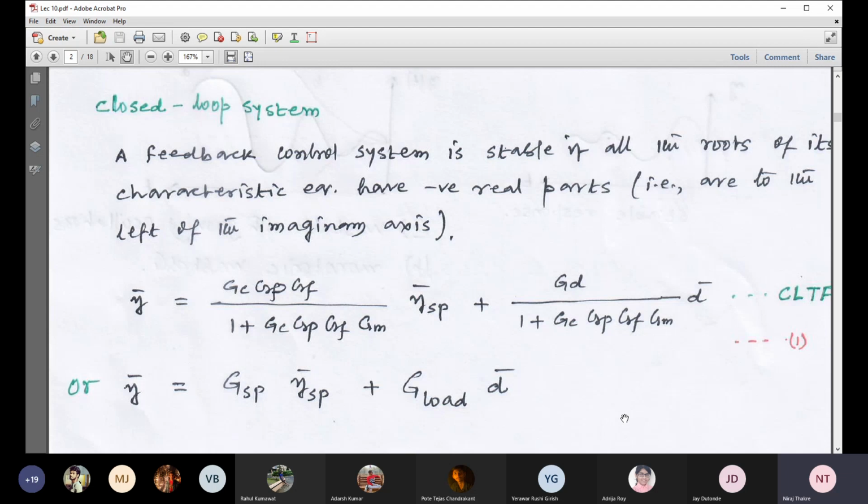Yeah, I am coming to that point, but before that you note down this. So this is the set point element, which we are representing or denoting by G suffix SP, and this is a load element, which we are representing by G suffix load.